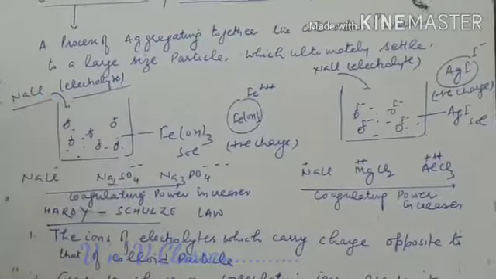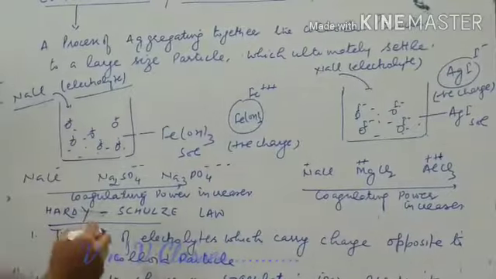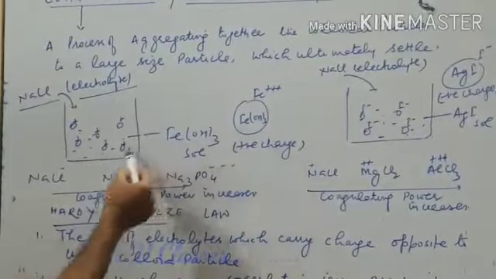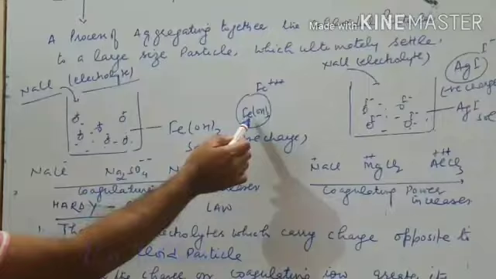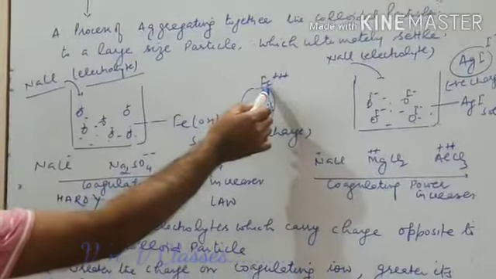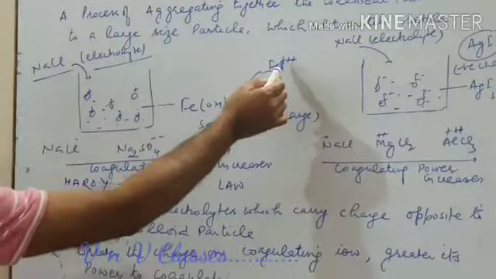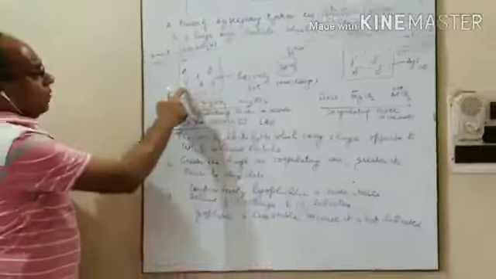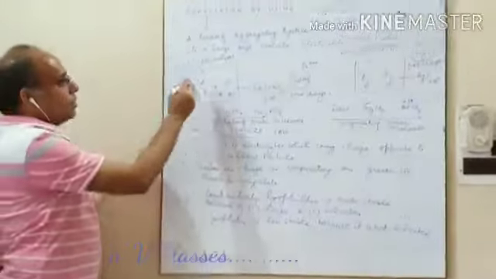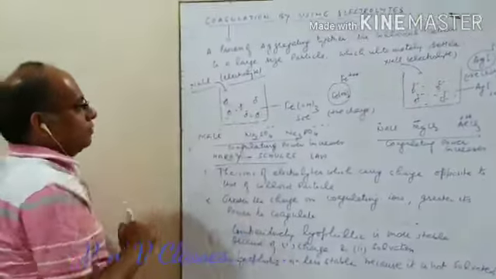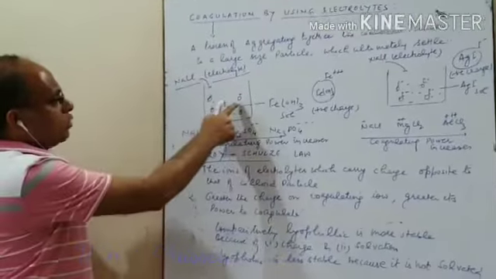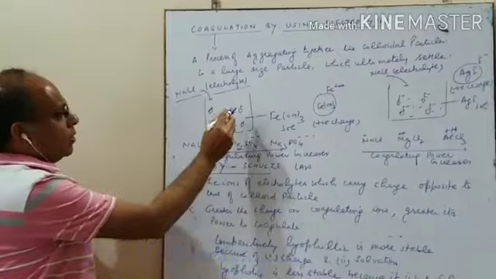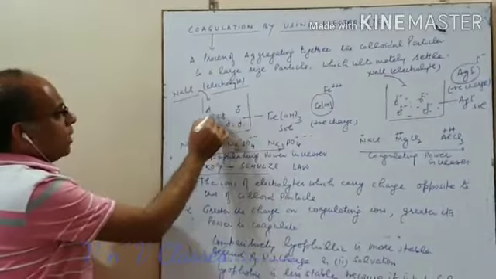Here I just took the electrolyte NaCl. So we know that this is ferric hydroxide sol, in which ferric hydroxide particle has adsorbed ferric ion, and that's why it has positive charge. So all these colloid particles have positive charges. When we add NaCl, since we have to coagulate, its positive charge should get neutralized.